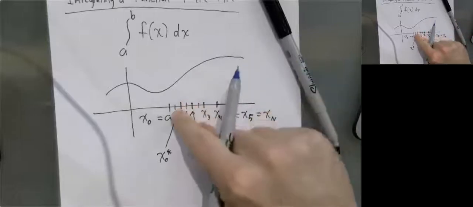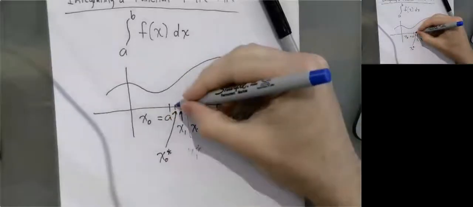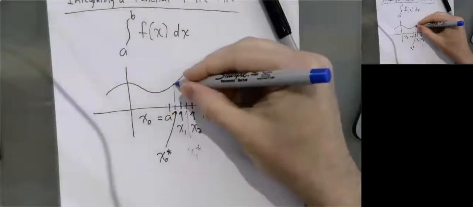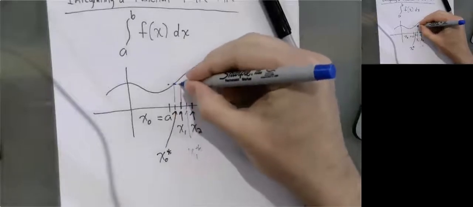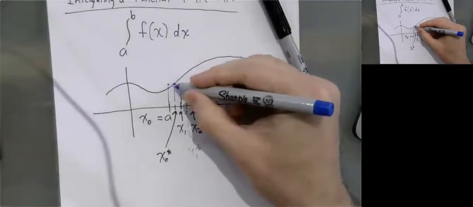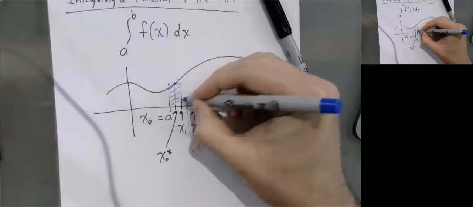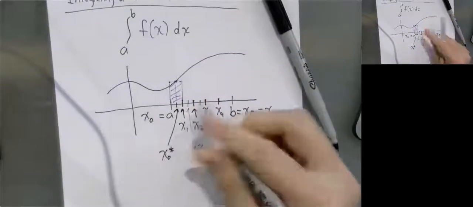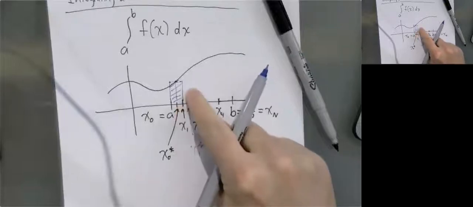And how do we compute the contribution now of this first subinterval here? Well, what we do is we draw this rectangle that looks like that, and we compute the area of this rectangle. And the area of this rectangle is just base times height.